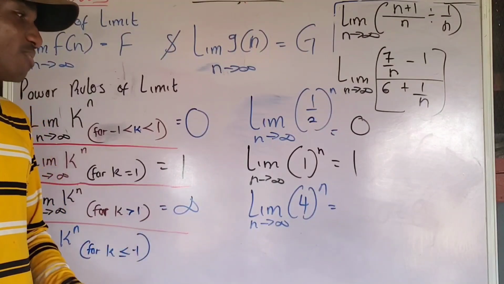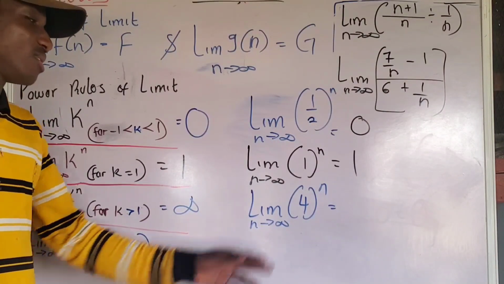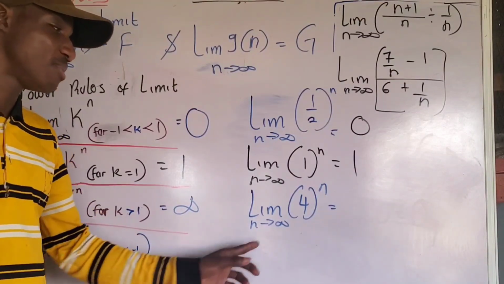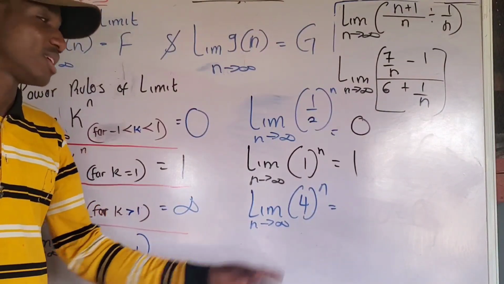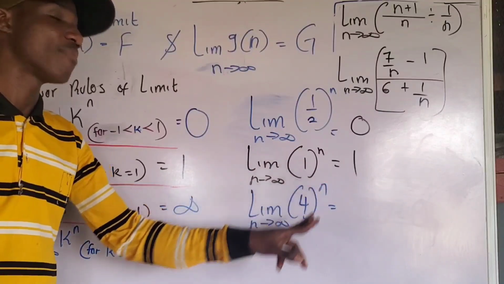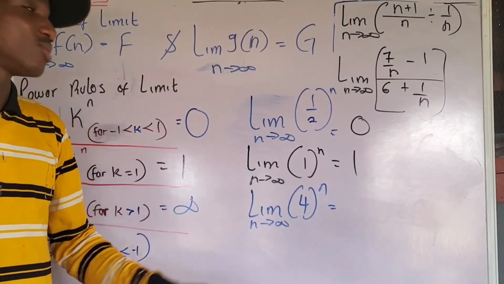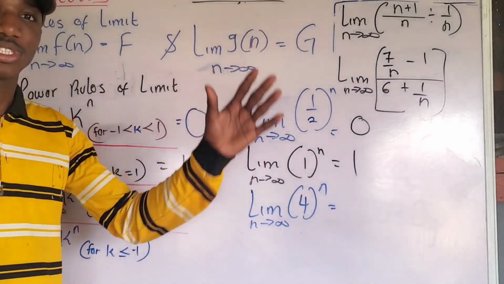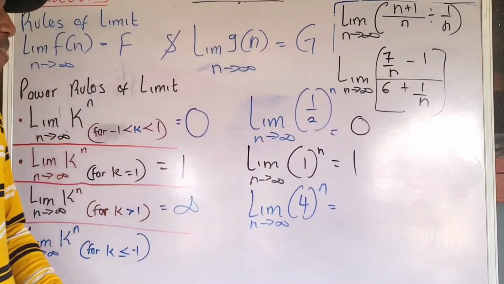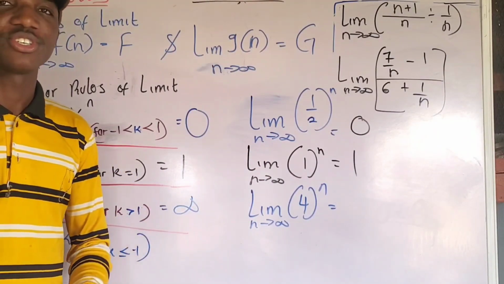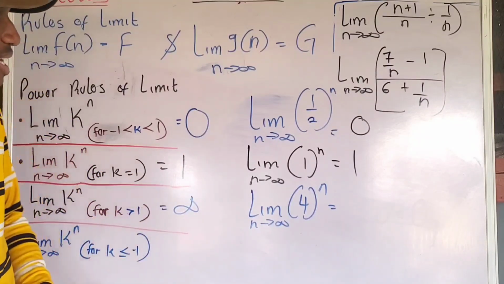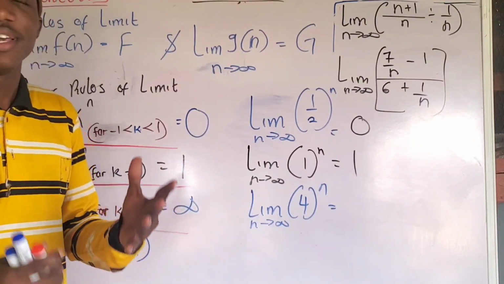Let's choose 1 million. Now, if n is 1 million, that means I'm going to have 4 to the power of 1 million. You are going to discover that the value of this function is going to increase. Is that not it? Now, if n changes to 2 million, you can see that it's going to increase as well. So you can see that this kind of function increases.